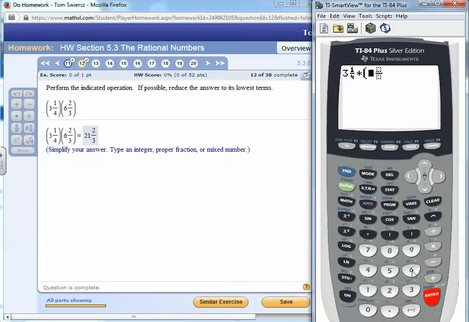This time it's 6 2/3, and then a right paren, get out of the denominator, hit enter, 65/3, and then you would go to alpha F1 again, and to convert it to a mixed number, it's function number 3. So we scroll down to get number 3, highlight 3, hit enter, and then hit enter a second time, and there's your answer, 21 2/3.